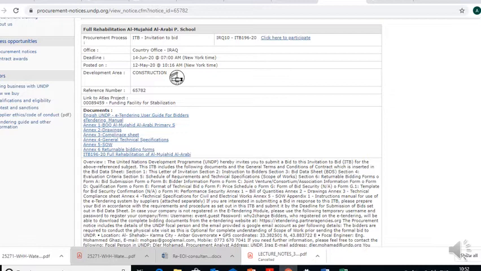So if you look at the third line there, you've got a deadline, the deadline for when your tender should be submitted. And then beneath that, you've got all these links to all of the tender documents.